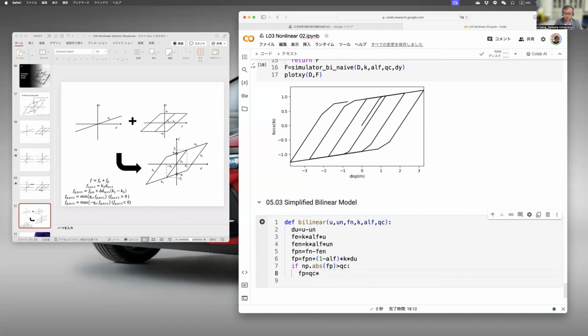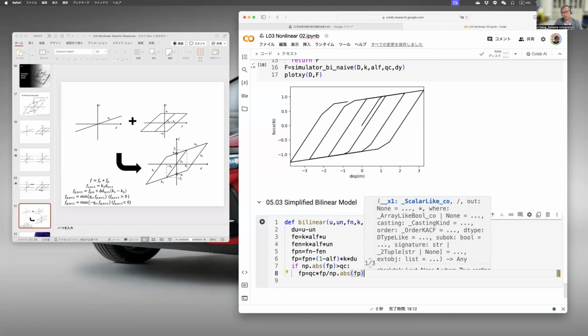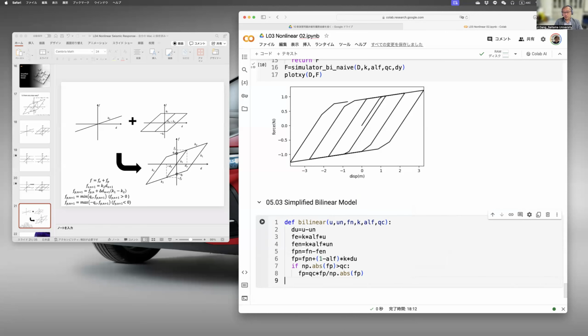So we use Fp divided by np.abs of Fp, and it will give you the direction automatically. And I say F equals Fe plus Fp, and return F. So simple, right?